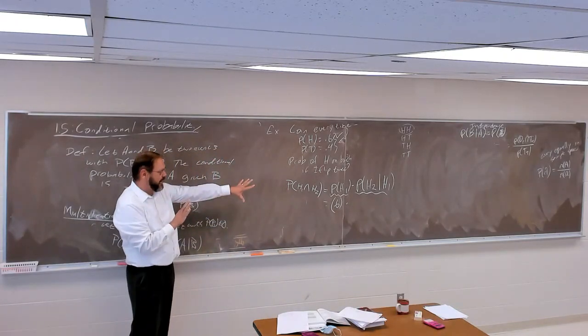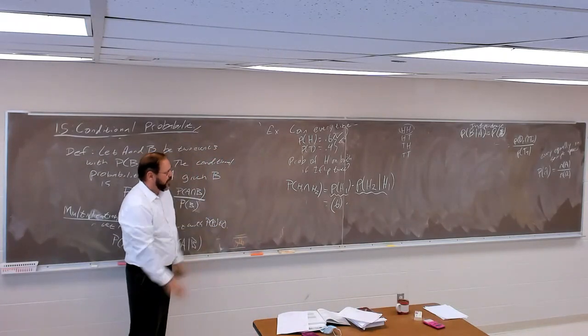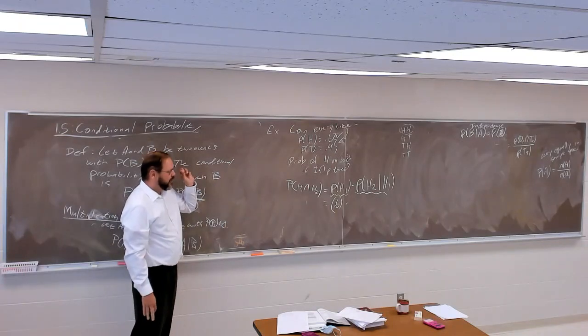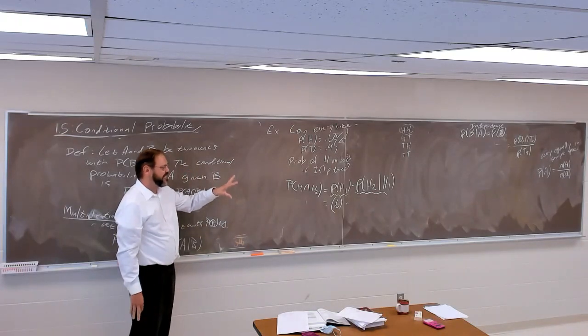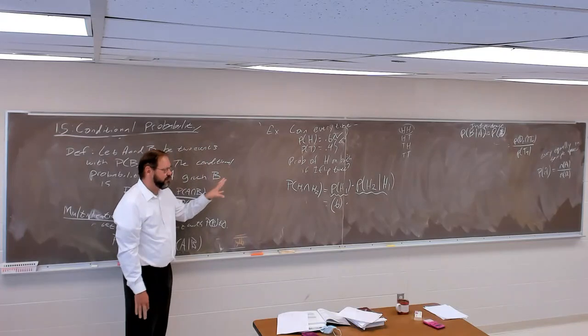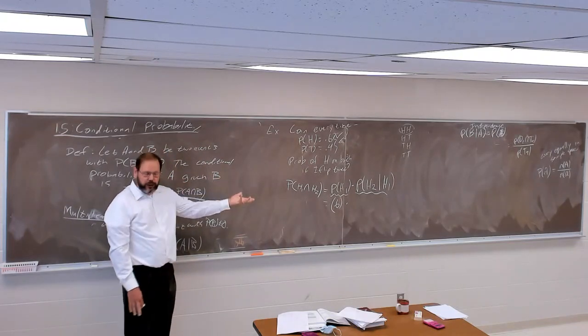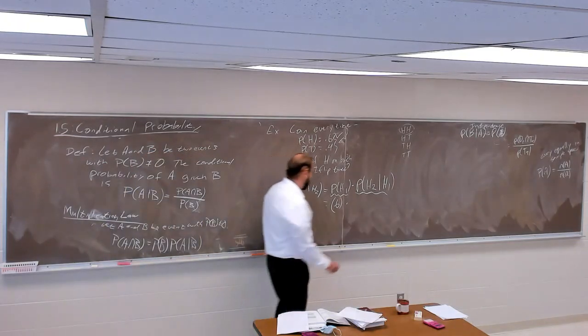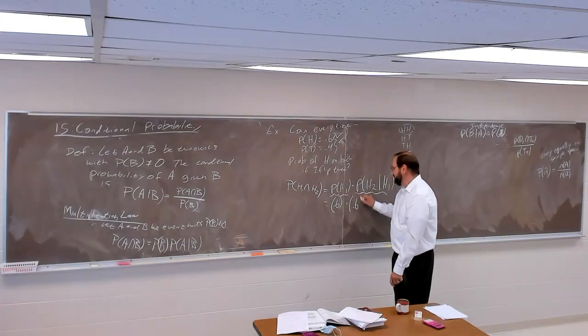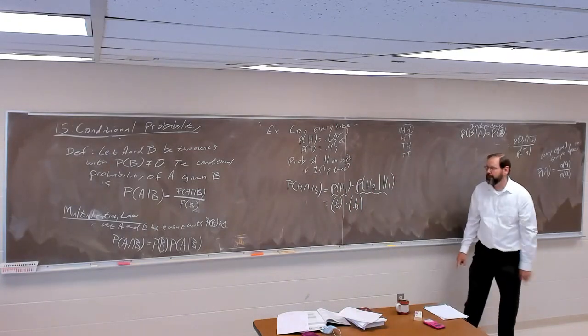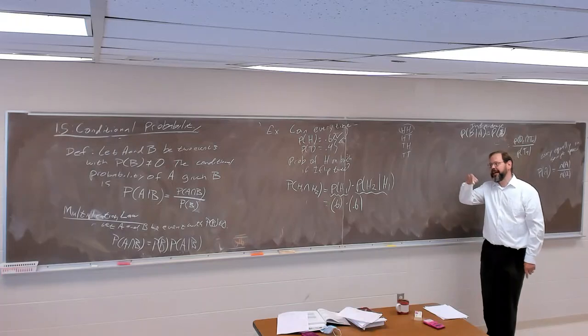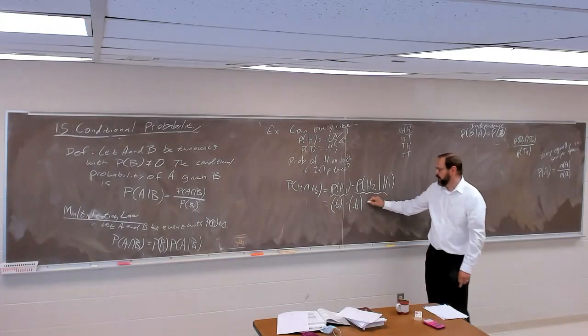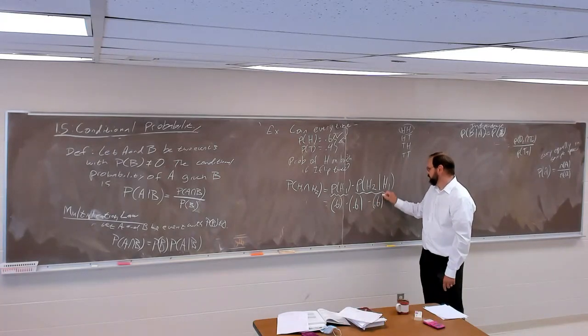We'd have something to calculate here. But we're going to assume that the result of the first flip doesn't impact the second flip. We're going to assume independence without ever defining it, and we're going to go from there. Okay. So then the probability of getting heads on the first flip and heads on the second flip would be 0.6 squared.